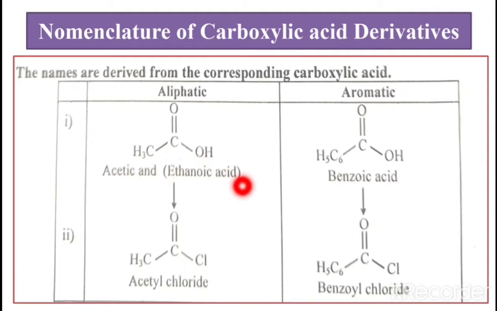And here, instead of this hydroxyl group, if we replace it by chlorine, we get acetyl chloride. Now in case of aromatic carboxylic acid, here C6H5-C=O-OH is benzoic acid, and if we replace this OH by Cl, we get benzoyl chloride. This is a simple nomenclature for the carboxylic acid derivatives.